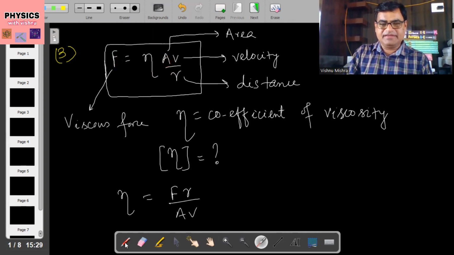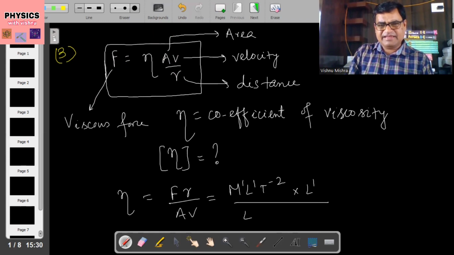Now put the dimension. F is M1 L1 T minus 2. R is the distance, L1, divided by A, area, L2. Velocity is L1 T minus 1.